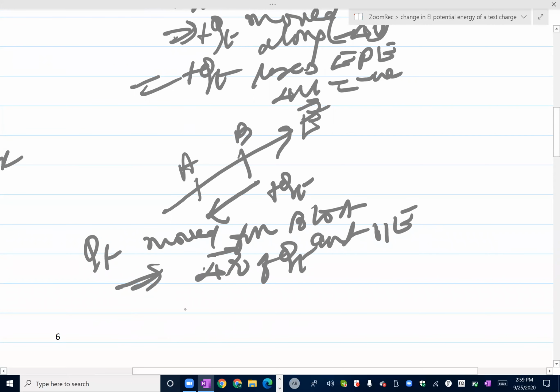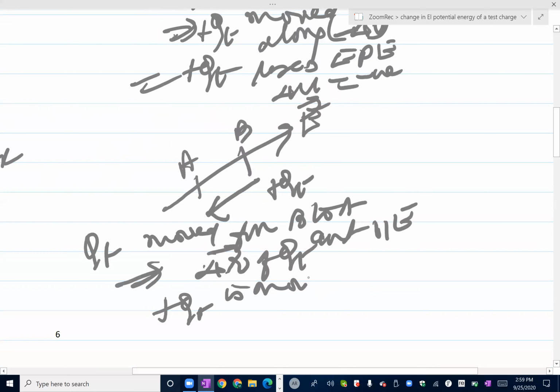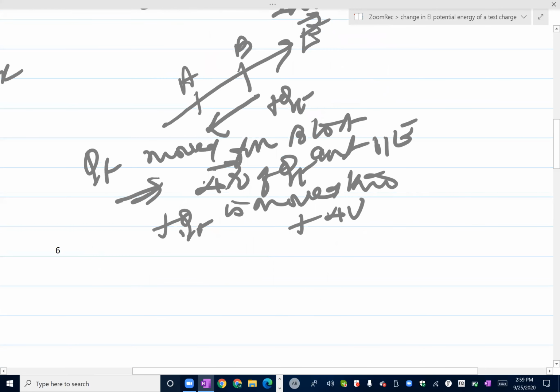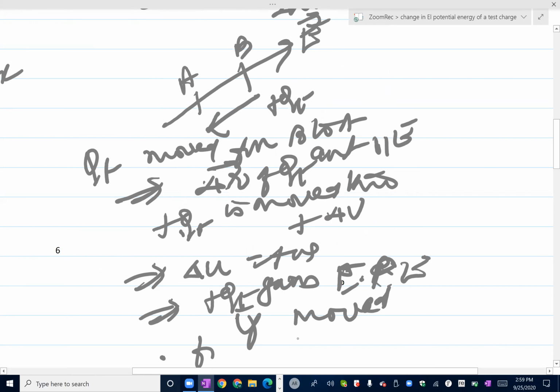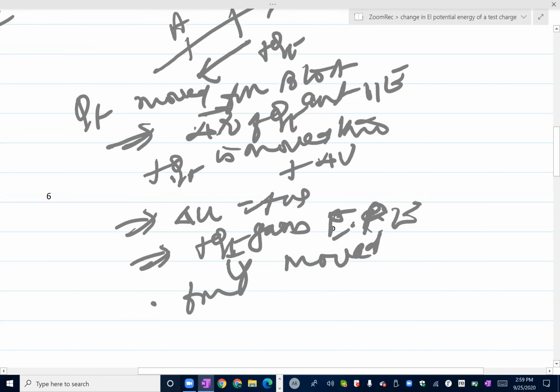That means plus QT is moved through plus delta V. Plus into plus will be positive. That implies delta U is positive, which implies plus QT gains electrical potential energy if moved anti-parallel to the electric field.